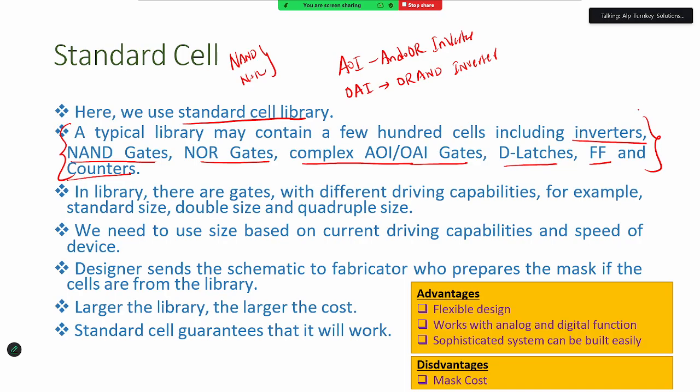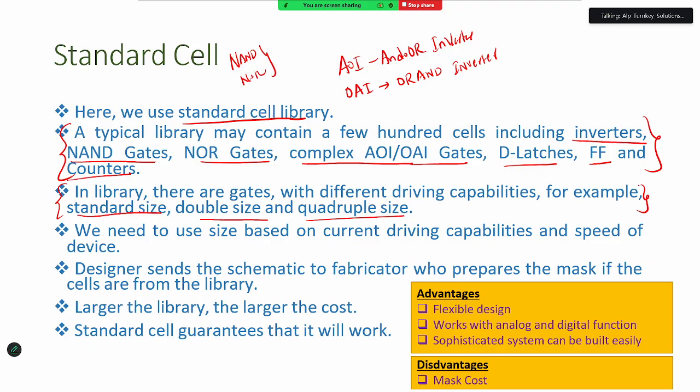So these gates come with different driving capability, for example, standard size, double size, quadruple size. When we take those standard cells, there is a manual that comes with them. Based on that manual they will give how much size, how much driving capability, how much power it will take, what is the clock frequency.